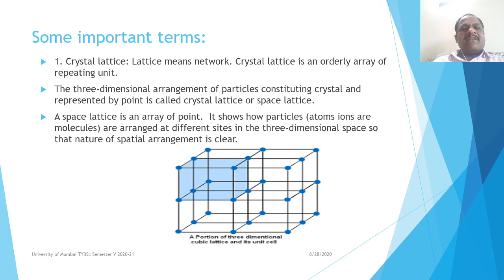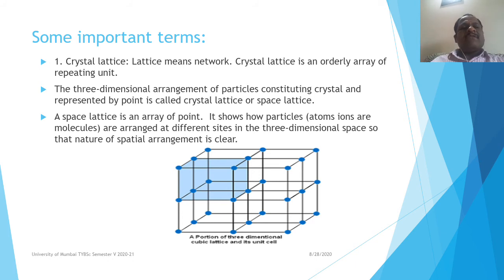As I said earlier, in NaCl there is a fixed arrangement, called an orderly arrangement of constituent particles. First there is Na+, then Cl-, again Na+, again Cl-, again Na+, again Cl-. Every Na+ is surrounded by Cl-, and every Cl- is surrounded by Na+.